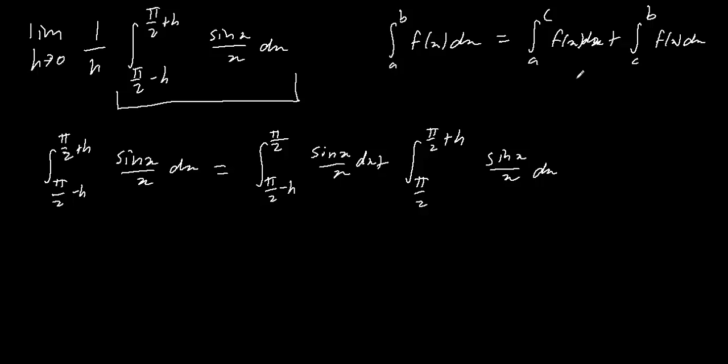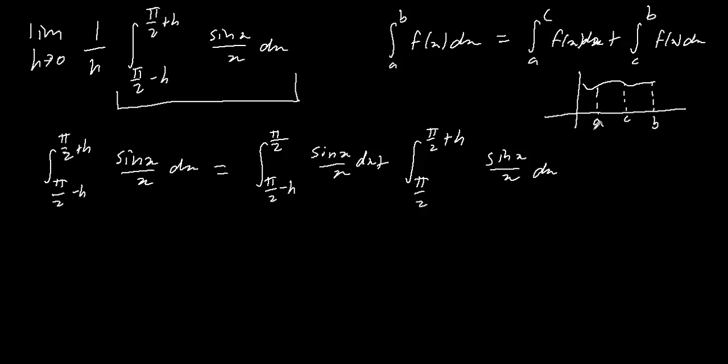What this tells me is if I have my function, and this is my a, this is my b, I can pick some value of c, and so the total area between a and b is just the area between a and c plus the area between c and b. That's your total area. We're just applying the same thing here.